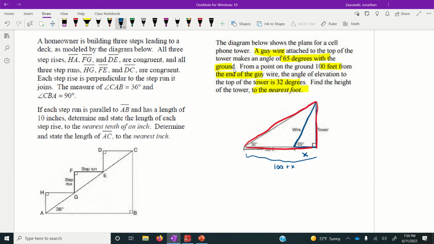Here, once again, we're using angles and right triangles, so we know we're going to use Sohcahtoa. We can call the tower T if you want. So if I do opposite and adjacent for my triangles here, and we can redraw this for ourselves.